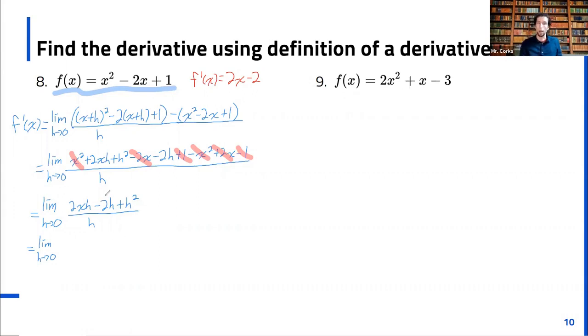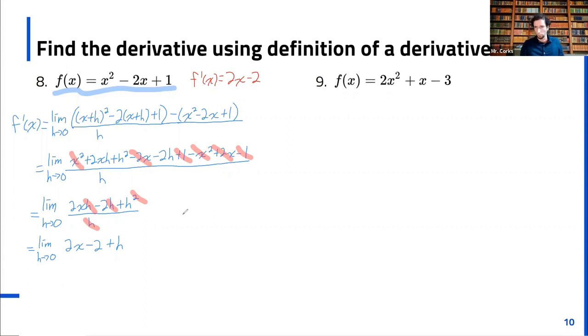We have an h on the bottom, so those will just cancel each other out. So we are going to lose one h from each term, and this won't be h squared, it'll just be h there. So 2x minus 2 plus h. Now what?